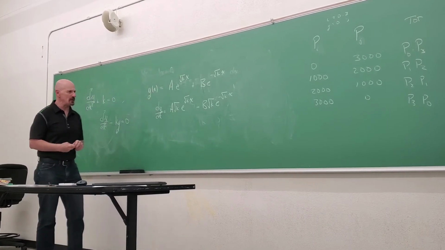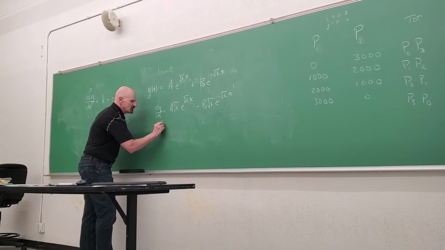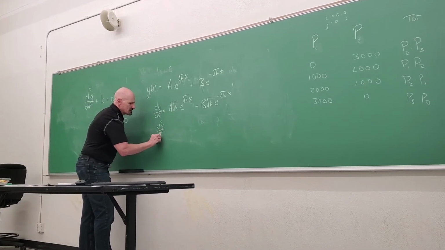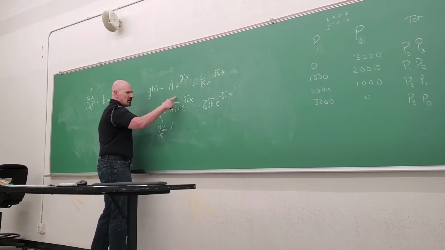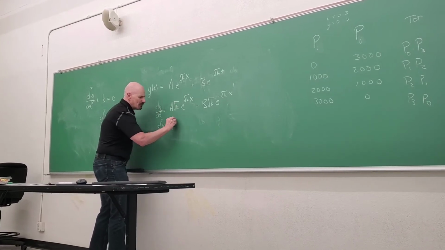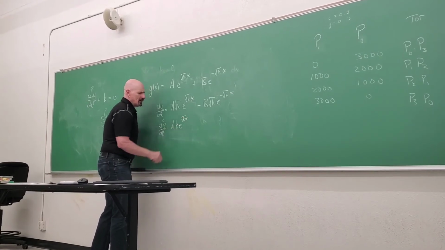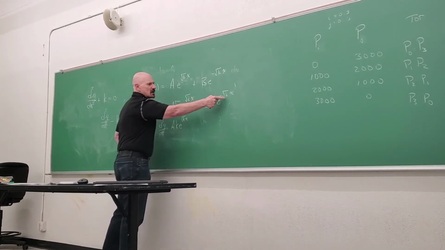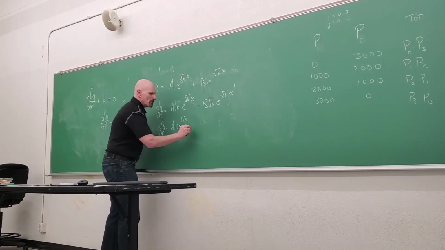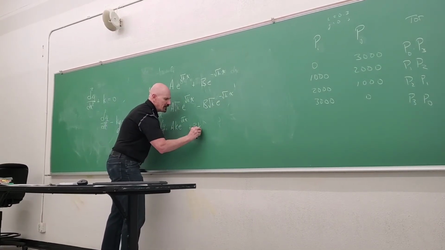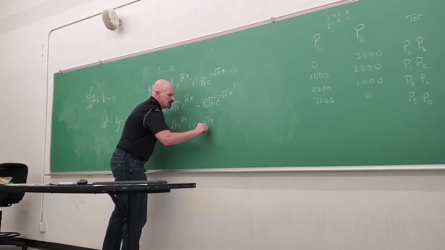Let's do it again. For the second derivative, d2y/dx squared, I do it again, so it becomes a, and I get another square root of k, so it's a times k e to the root k x. And I got another negative root k, so that comes down here and makes that positive: b k e to the minus root k times x.